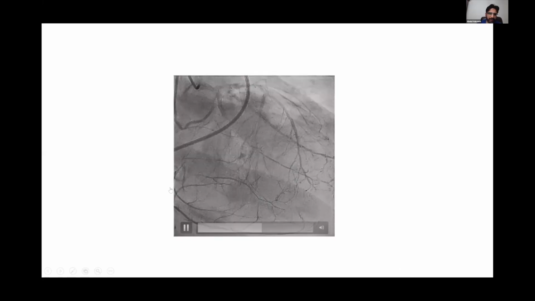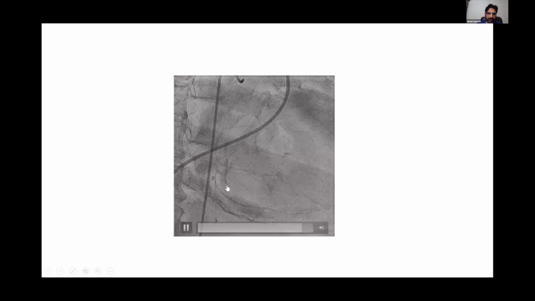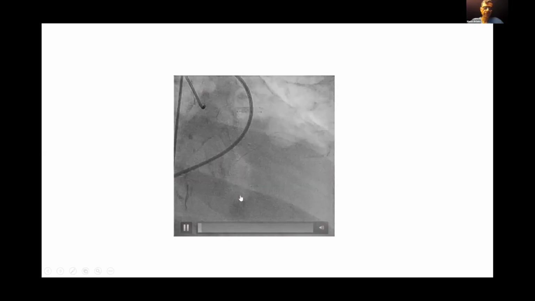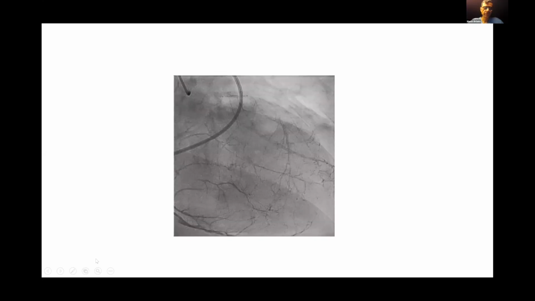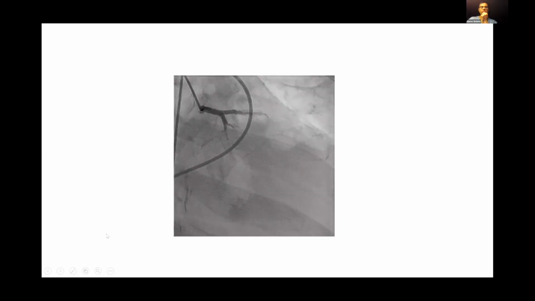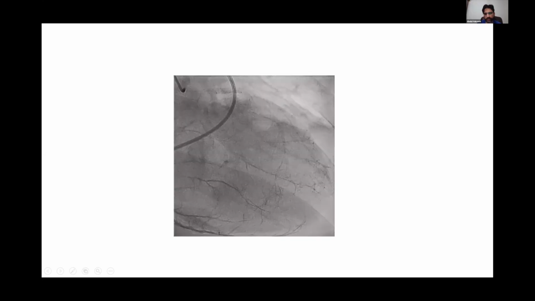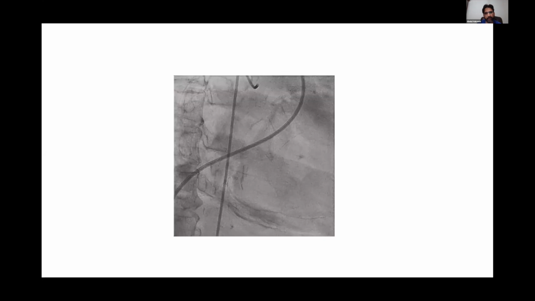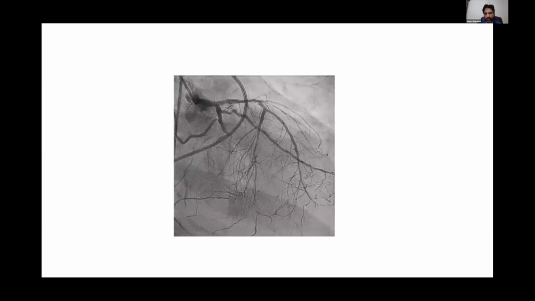But as you can see, the right is, per history, this angiogram is similar to about 6 years ago, and the OM2 and OM3 are also occluded.